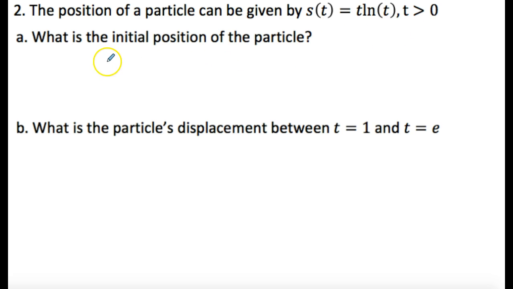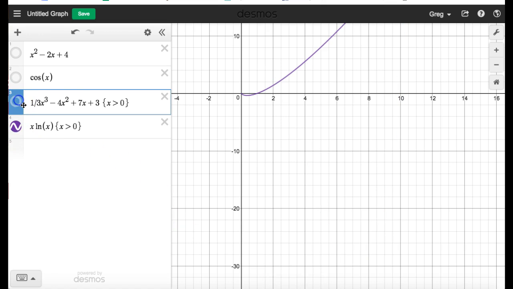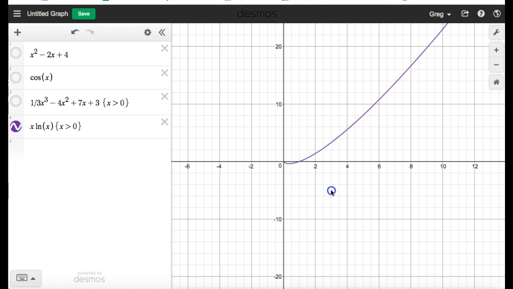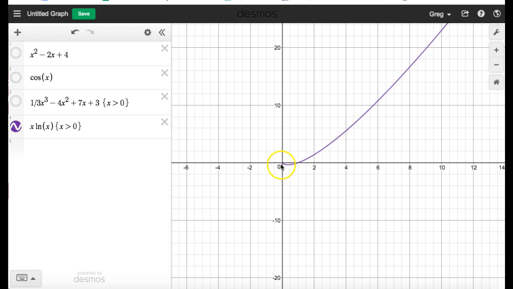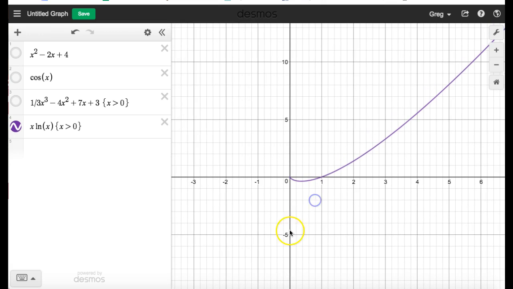If we plug 0 in, it's undefined, because the natural log of 0 is undefined. But if we look at the graph, this graph does actually start at 0. Even though 0 isn't defined, we would still say that this starts at 0.